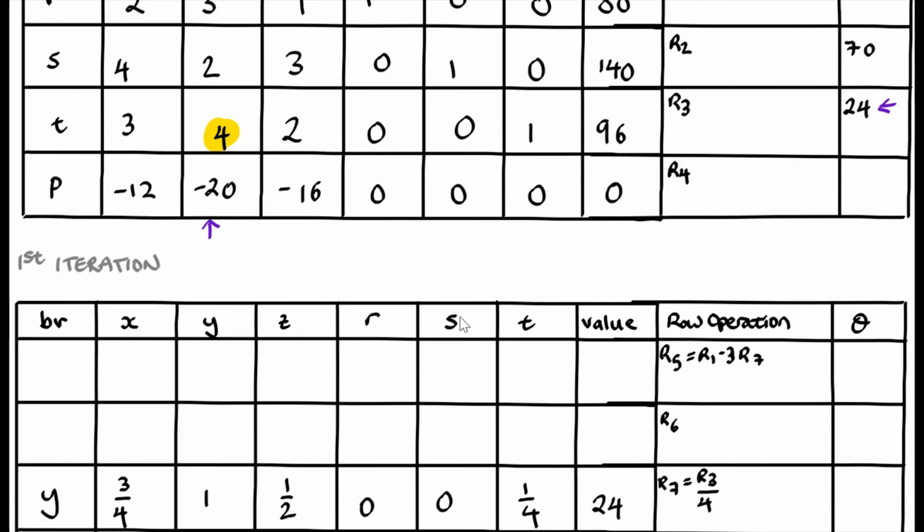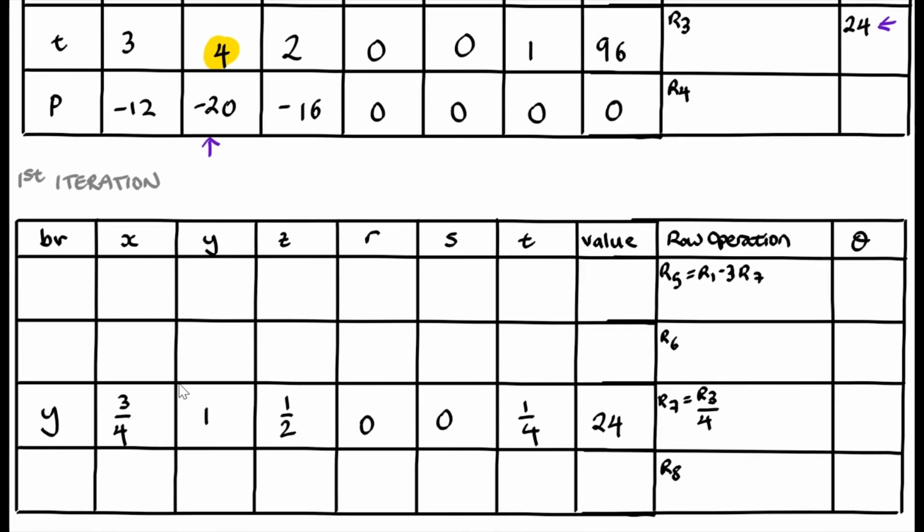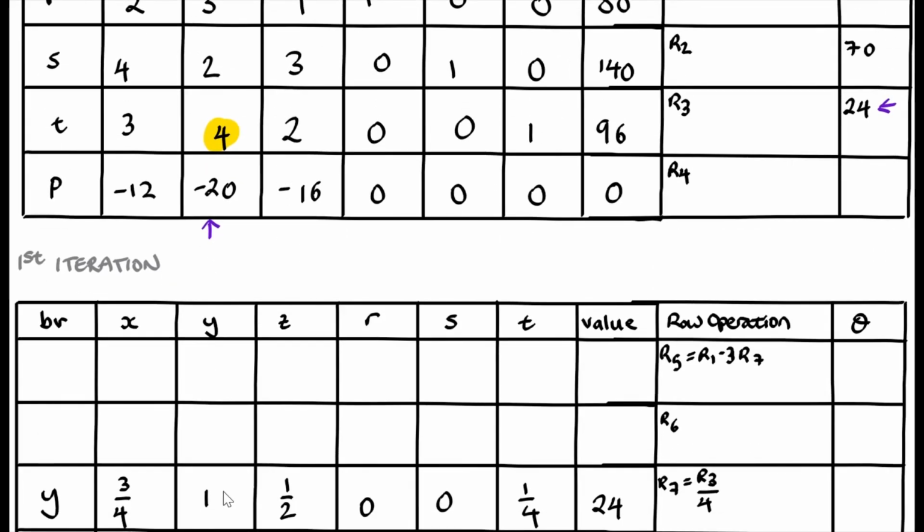And the reason for that is because we want a 0 here. So the way we can get a 0 here is if we work out row 1, take away 3 lots of row 7, because 3 minus 3 lots of 1 is 0.